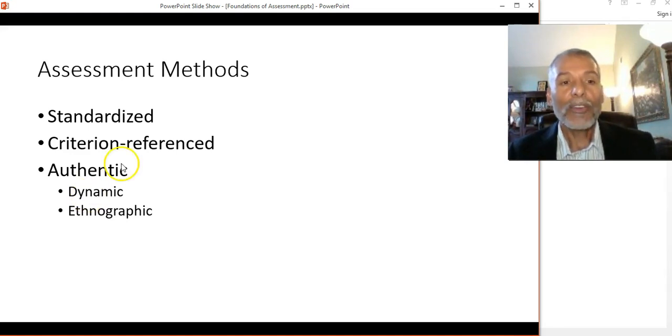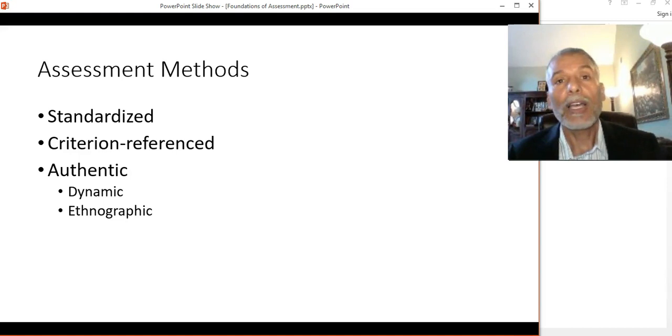And generally, health insurance companies would require some form of standardized assessment. They want scores. They want averages. And also, school systems require some form of standardized testing. You do not have to do the whole evaluation based on standardized.